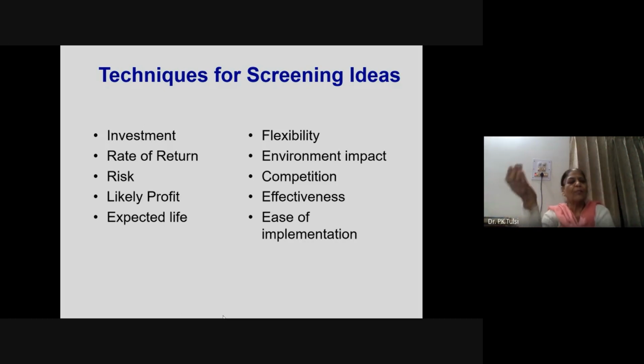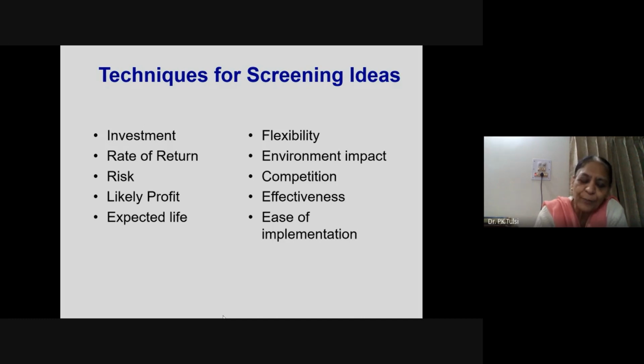Because a number of projects, if they have high risk, then industry is not going for that. It is ready to take up those ideas where they can have a high rate of return with low risk. Then likely profit. So again, high, moderate, and low you can think of. So wherever the profit will be more, that may be one of the criterion to take up that idea.